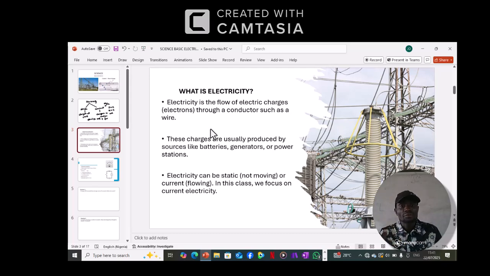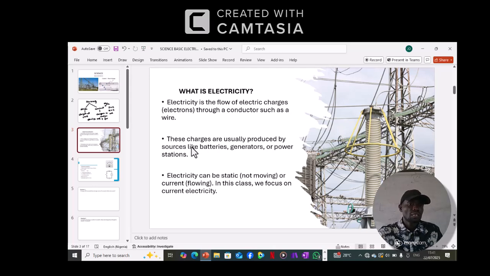So we have the chemical, that one is the battery. And electricity can be static, not moving, or current flowing. In this class, we focus on current electricity, the movement, the motion of charges, the flow of charges. That's what we are going to deal with.